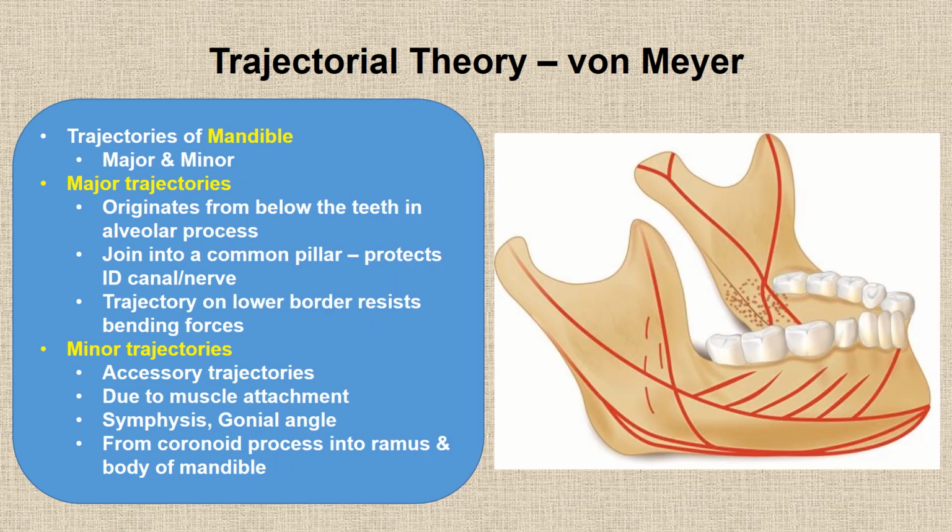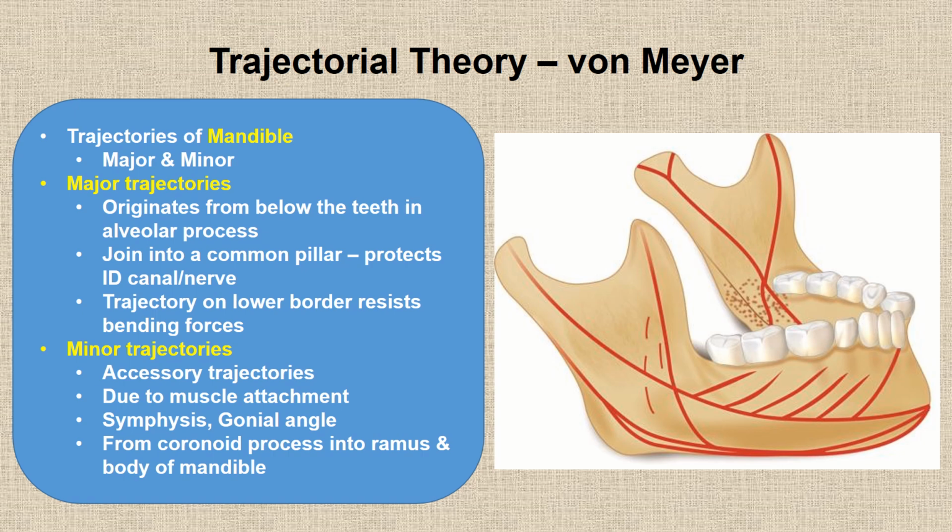Now, the trajectories of the mandible can be considered major and minor. The major trajectories originate below the teeth in the alveolar process, and they join into a common pillar which protects the IAN nerve and canal.